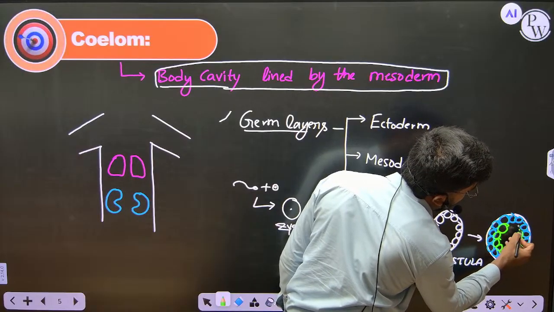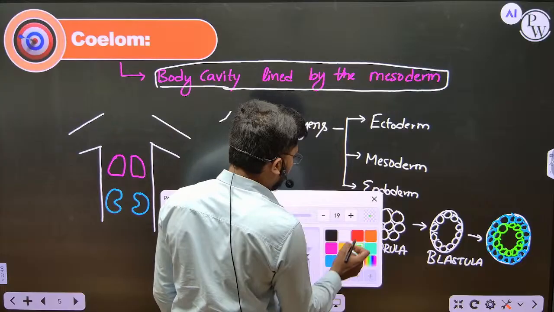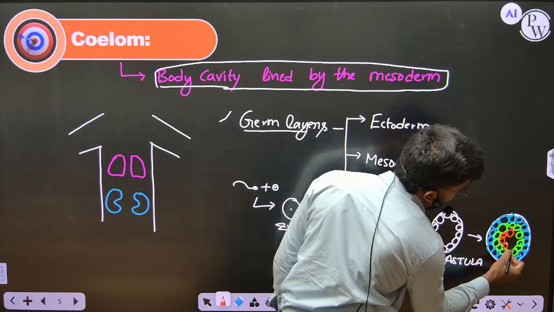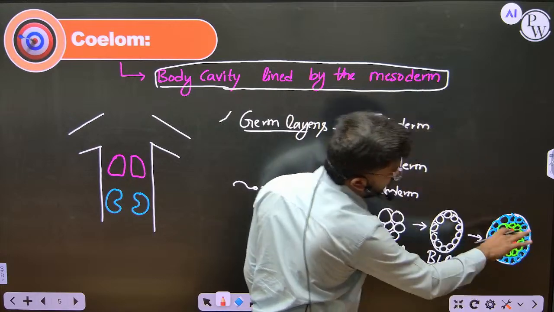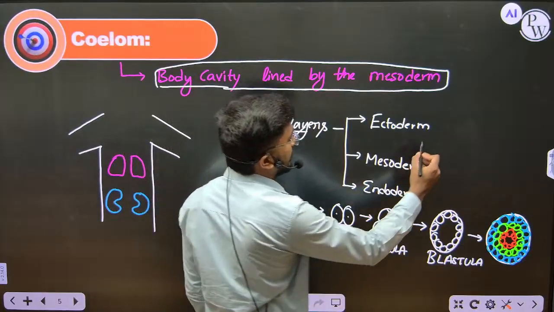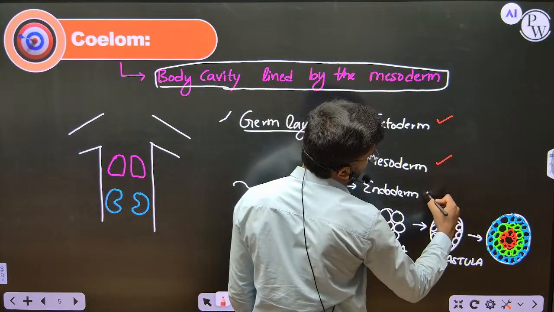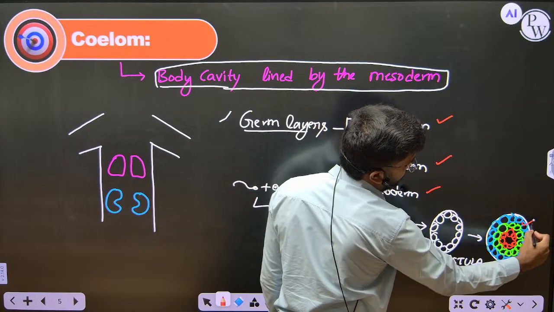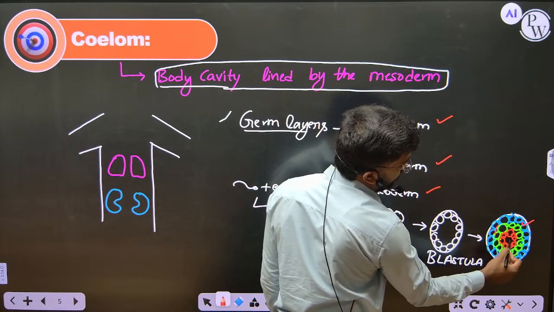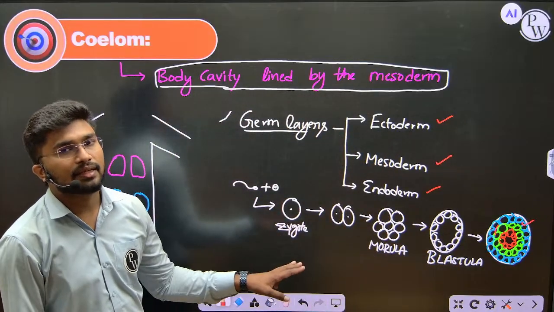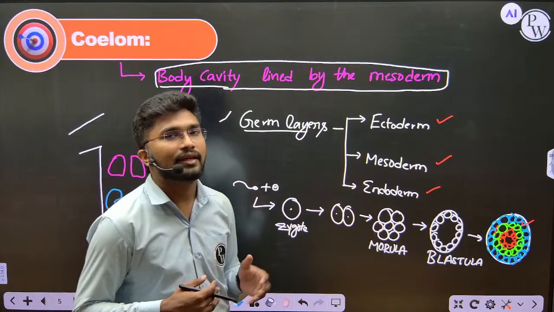And the inner layer, we are calling it endoderm. Like this, three germ layers are formed. What are the three germ layers? Ectoderm, mesoderm, endoderm. Outer layer is called ectoderm, the middle one is mesoderm, and the inner one is endoderm. In this way, three germ layers are formed during our embryonic development.